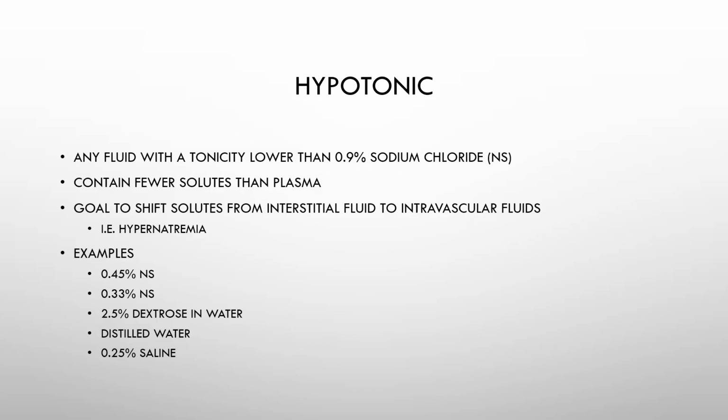So when we have fewer solutes in the plasma, we are going to kind of water down our plasma, if we think about it that way. And then we could have a fluid shift from our intravascular to our extravascular, because our extravascular has more solutes, less water than the fluid that we're giving.